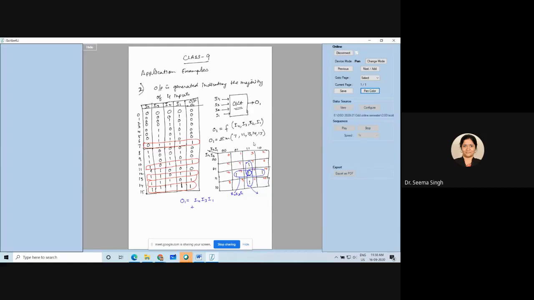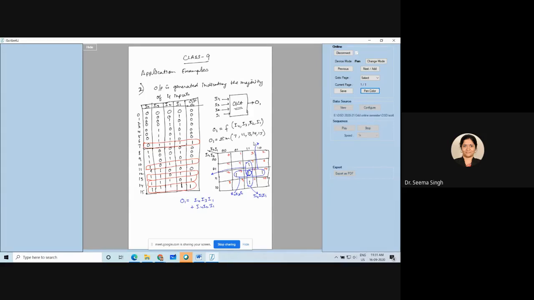This one, I3 is only changing. So it will be I4, I2, I1, right? I4, I2, I1. Any doubt in this? Right? Now somebody should tell me this one and this one.